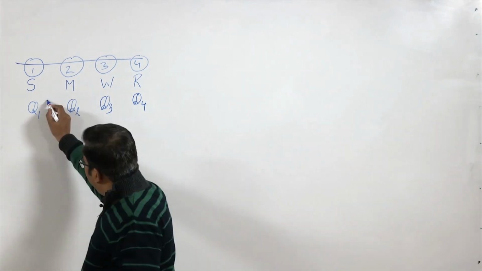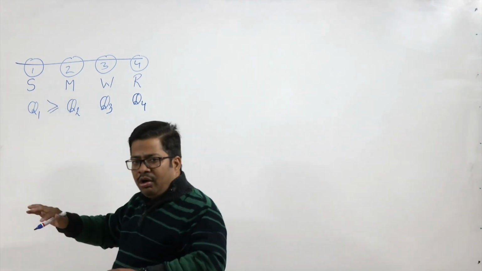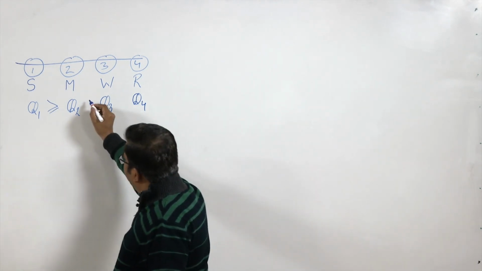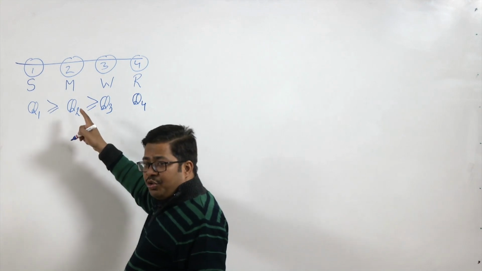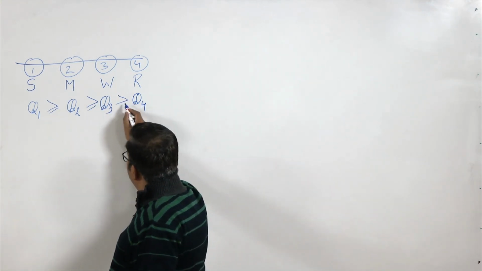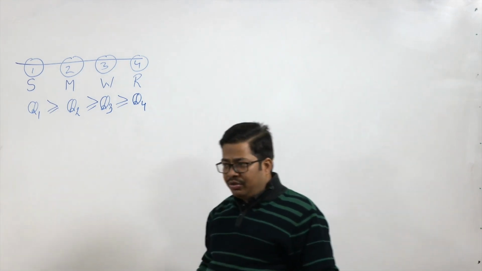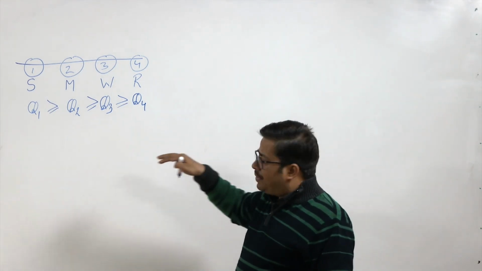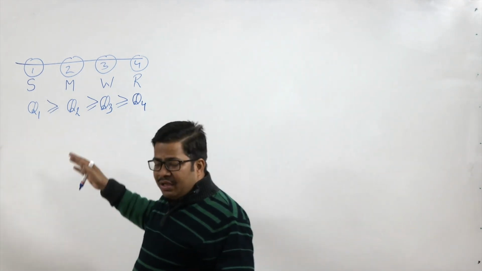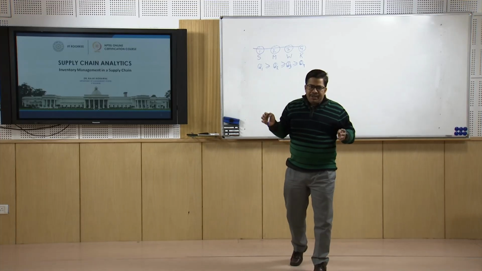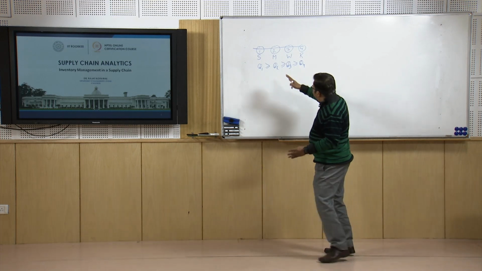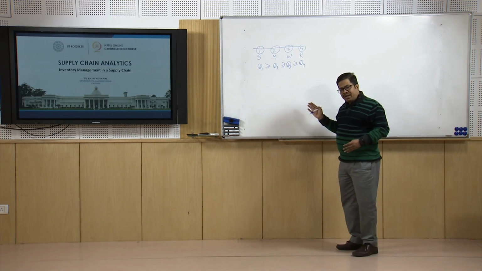So Q1 needs to be bigger than or at best equal to Q2, and so on for the other stages. Q2 needs to be greater than or equal to Q3, and Q3 needs to be greater than or equal to Q4. This type of relationship is to be there between the various quantities you are procuring at a particular stage, because a particular stage is responsible for supplying products to the next stage in the supply chain.